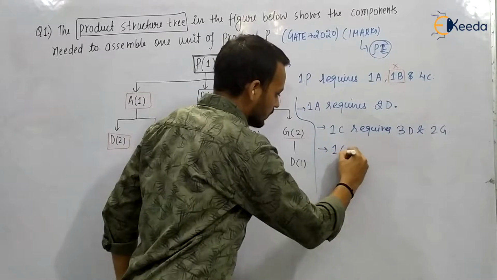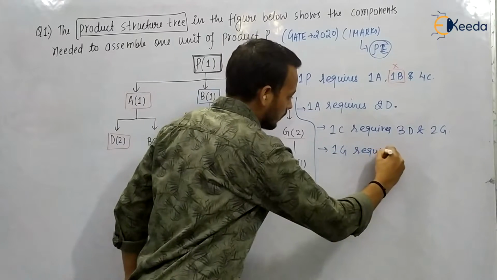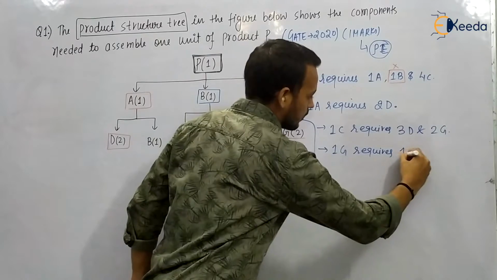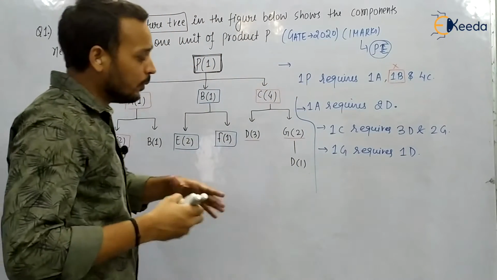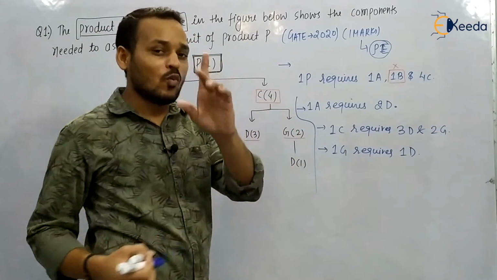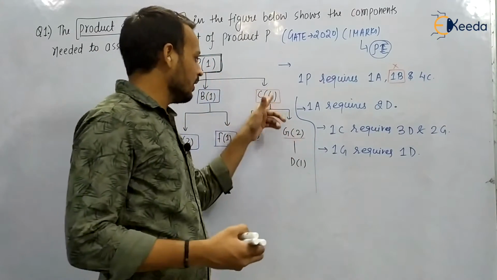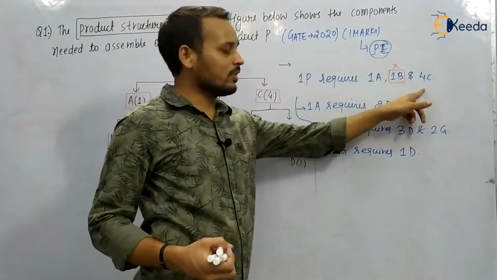Also it is said that 1G requires 1D. So we will calculate how many D are required to make 1C, and then how many D are required to make 4C, because 1P requires 4C.